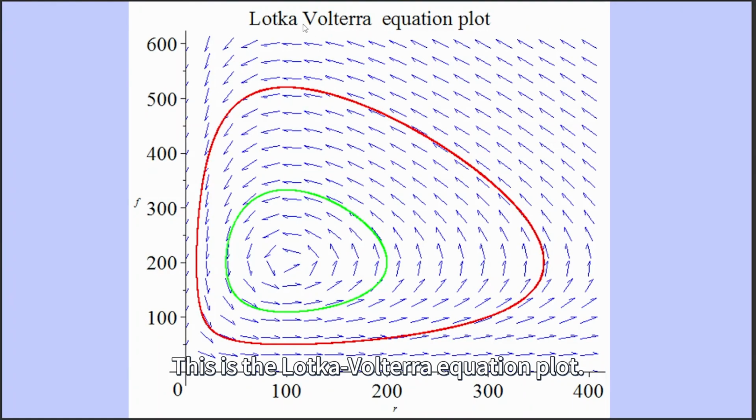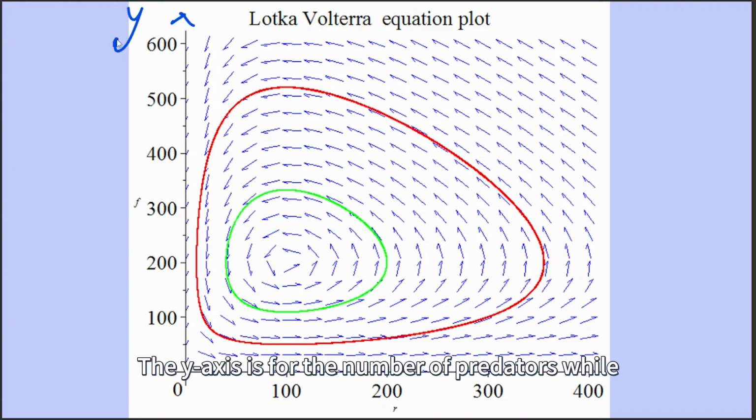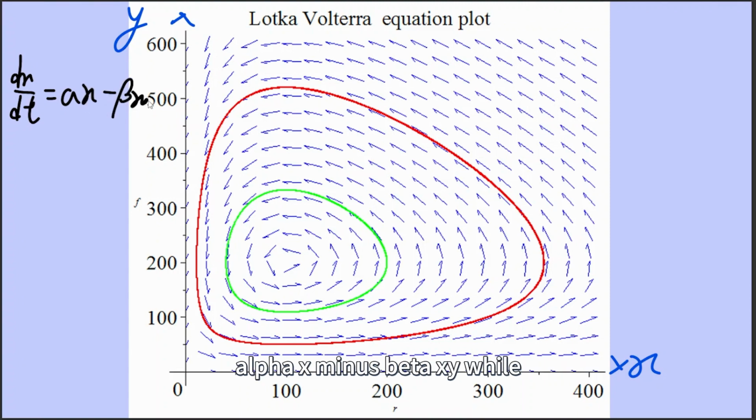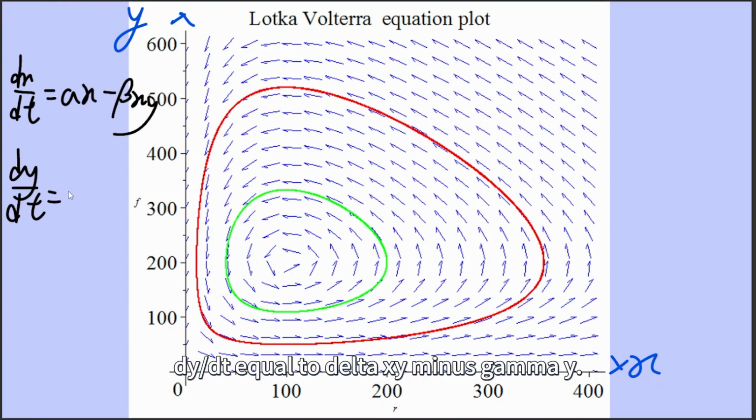This is the Lotka-Volterra equation plot. The diagram is called a phase plot. The y-axis is for the number of predators, while the x-axis is for the number of prey. As we recall, dx/dt equals alpha x minus beta xy, while dy/dt equals delta xy minus gamma y.